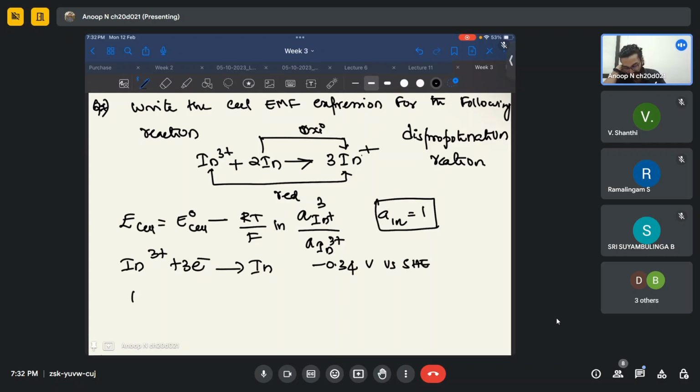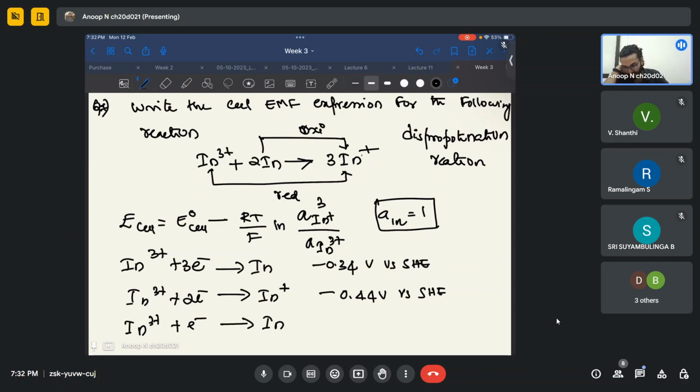The second one is In3+ plus 2 electrons giving In+, which is minus 0.44 volt versus SHE. The third one is In+ plus an electron giving In, so it has minus 0.14 volt versus SHE.